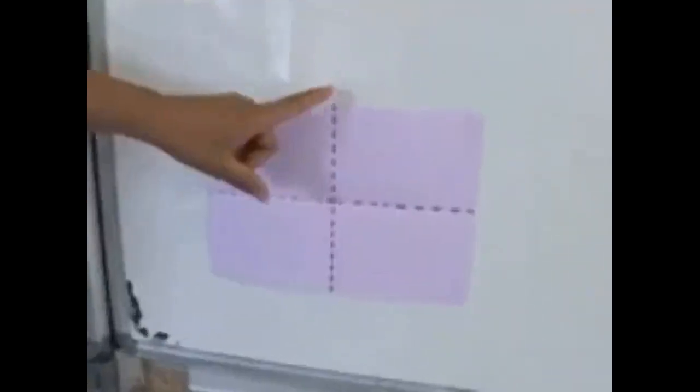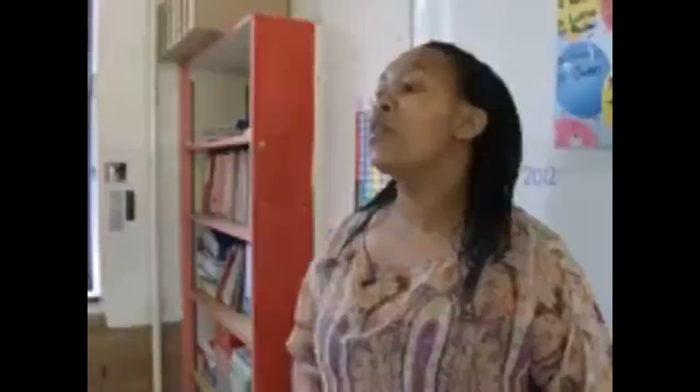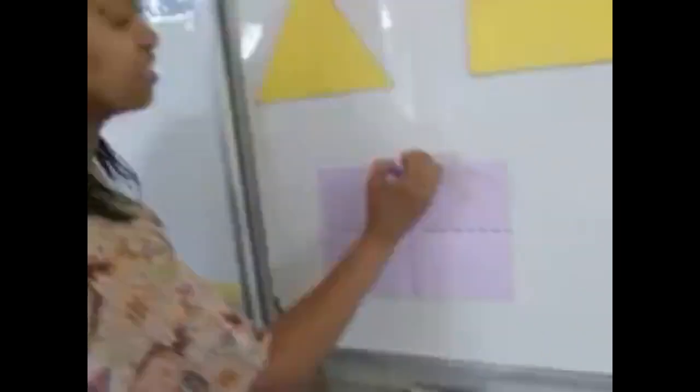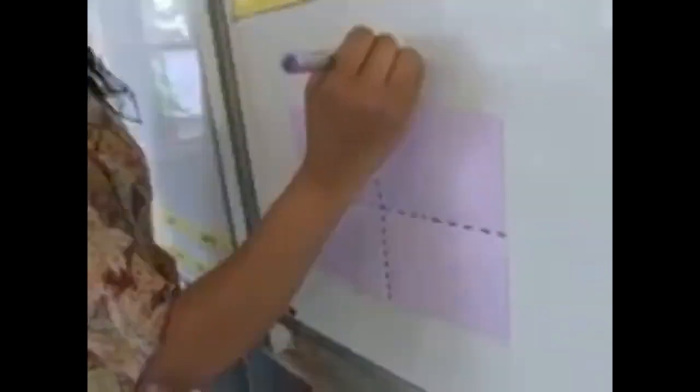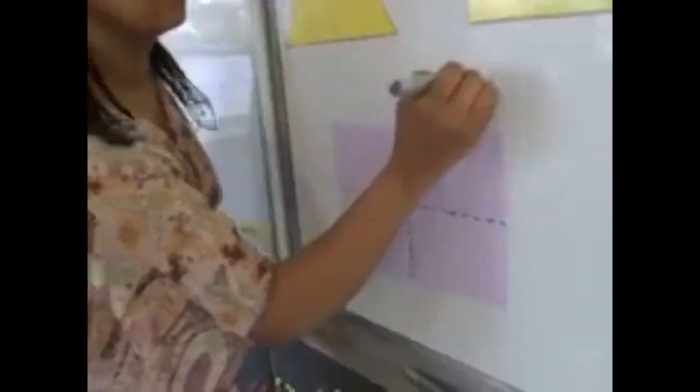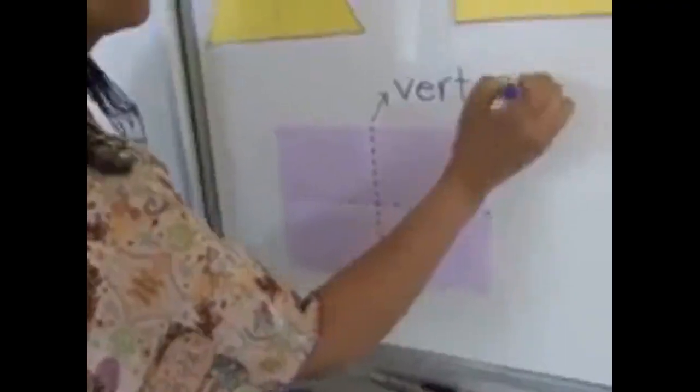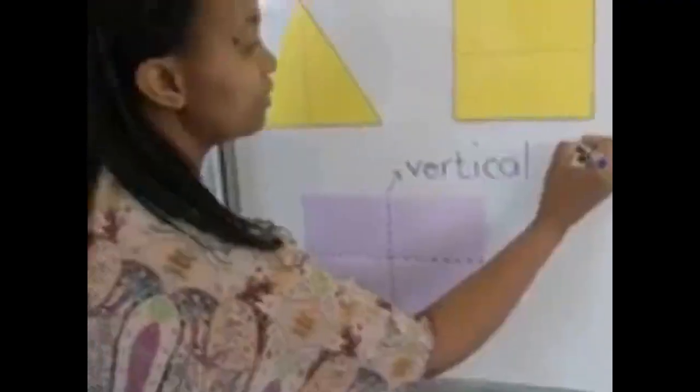And if you look at the lines, one is drawn from top to bottom, and the other one is drawn from left to right. And there's a special word that we use for a line that is drawn from top to bottom. Vertical. Very good. It's a vertical line.